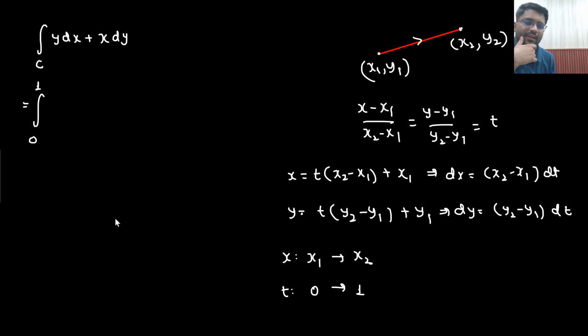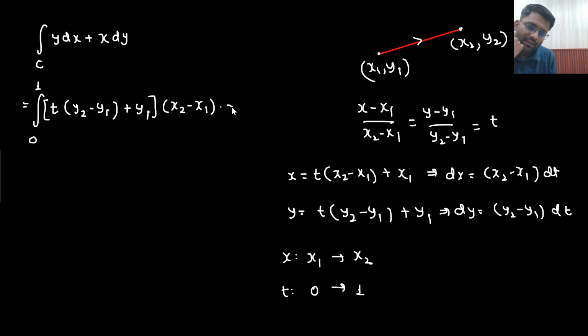What is the value of y? y is t into y2 minus y1 plus y1. This is going to be lengthy. And the value of dx is x2 minus x1 dt. Plus, with t going from 0 to 1, the value of x is t into x2 minus x1 plus x1.